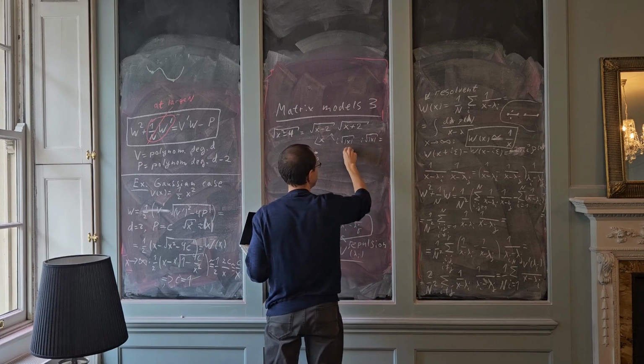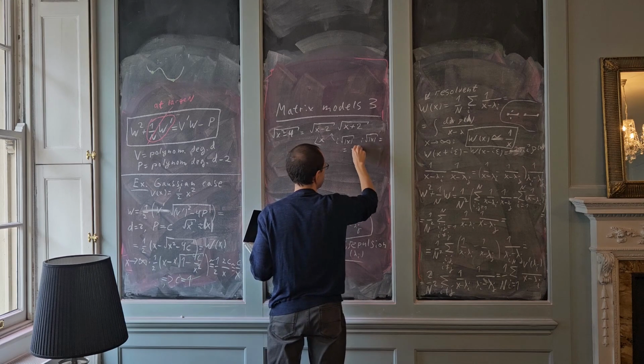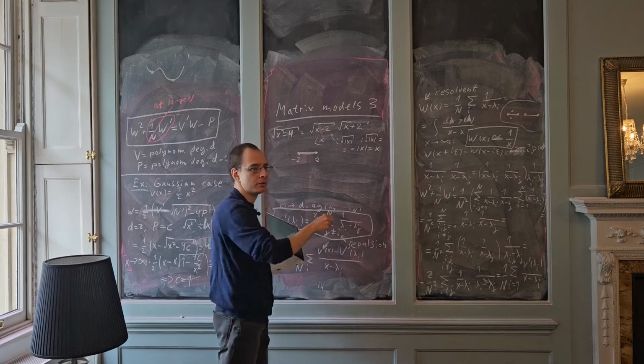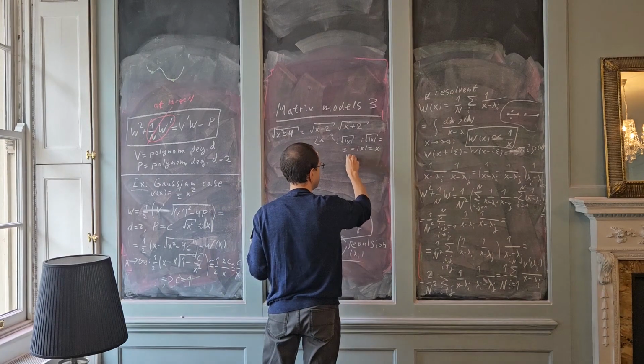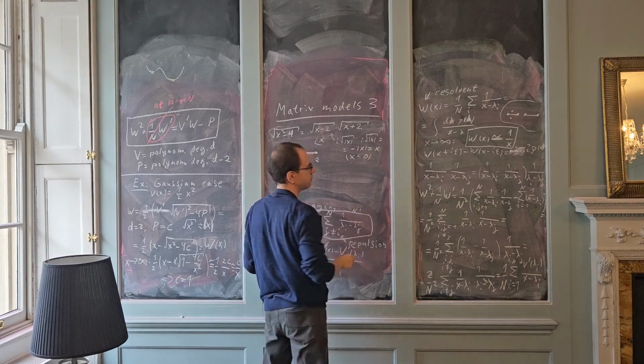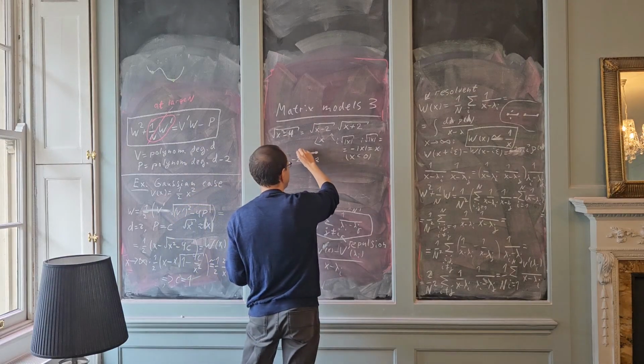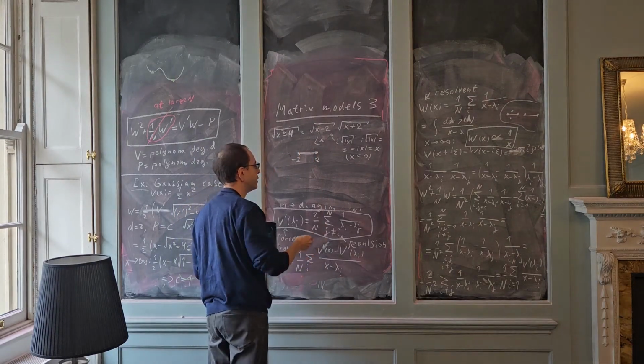So it will be equal to minus the absolute value of x, in other words, to x itself for large negative x.